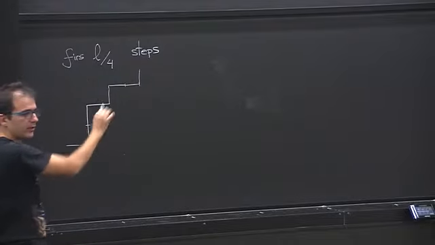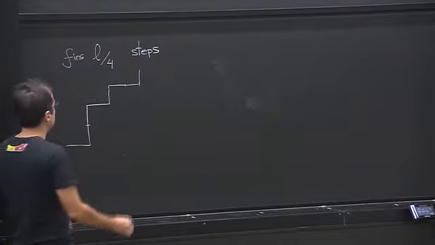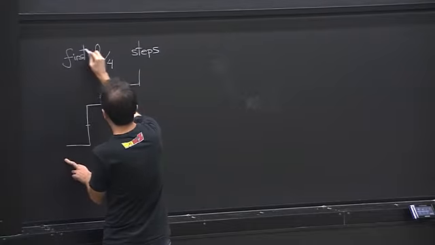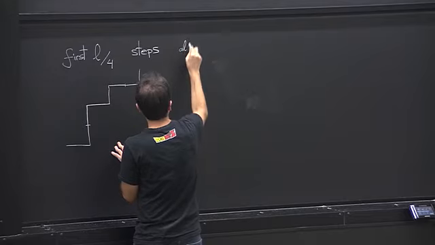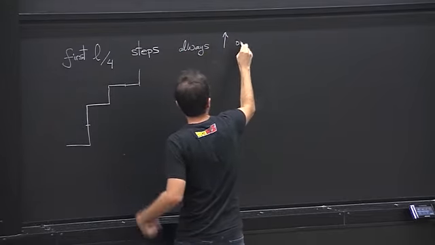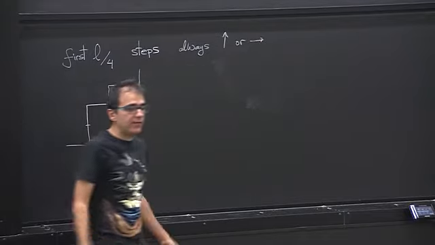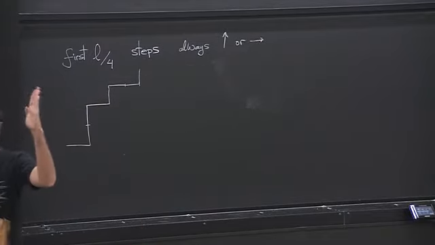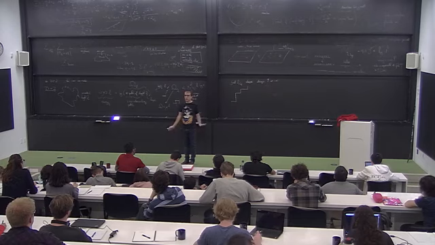I do L over 4 like this, always up or right. So they definitely don't self-intersect for sure.